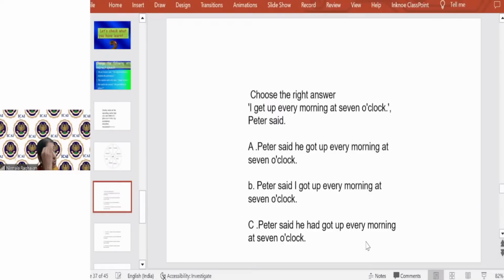This is to help you understand better. You can post your answers in the chat box for this because it will only be an A or a B or a C. Quick.